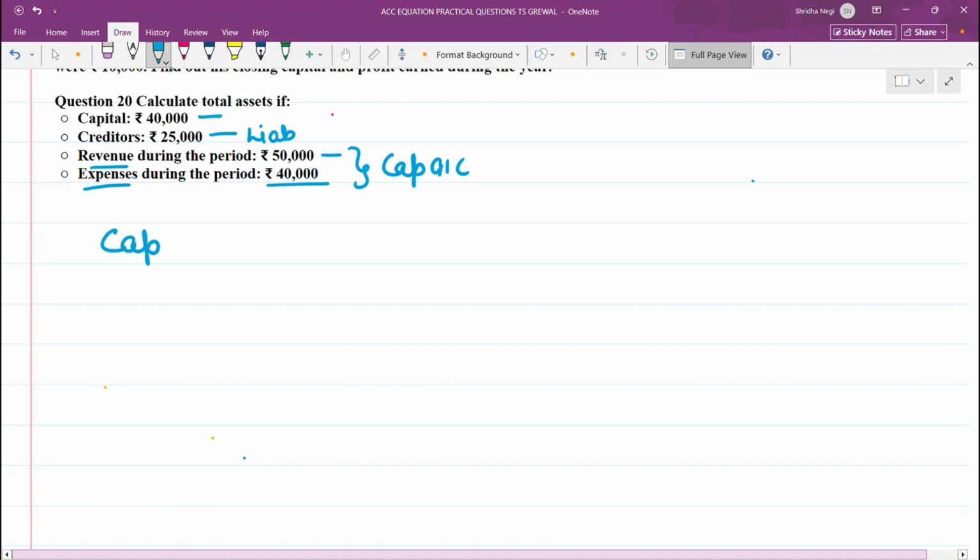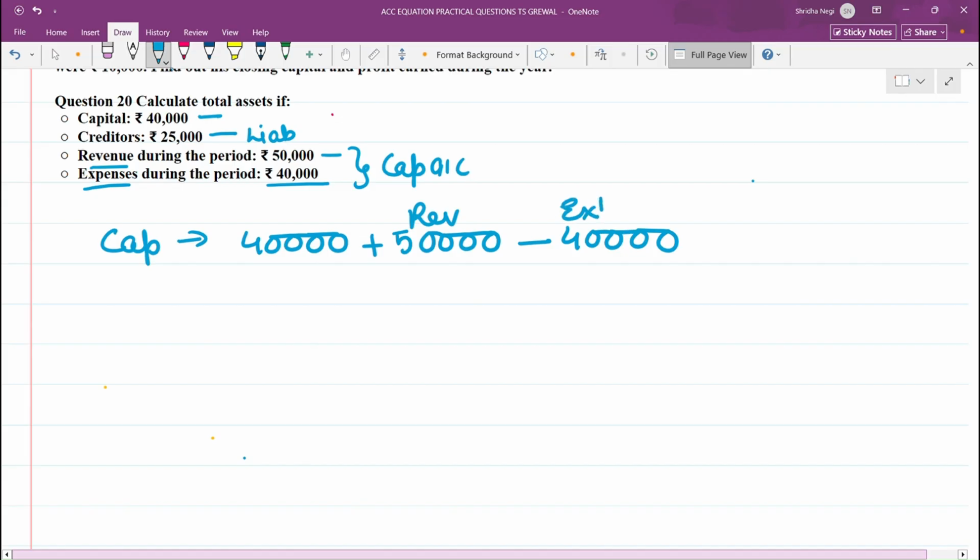Correct capital will be 40,000 plus the revenue. Revenue means income. Income increases the capital account and expenses decrease the capital account. So you have to add the revenue and subtract the expense from capital, so that you get the correct one.